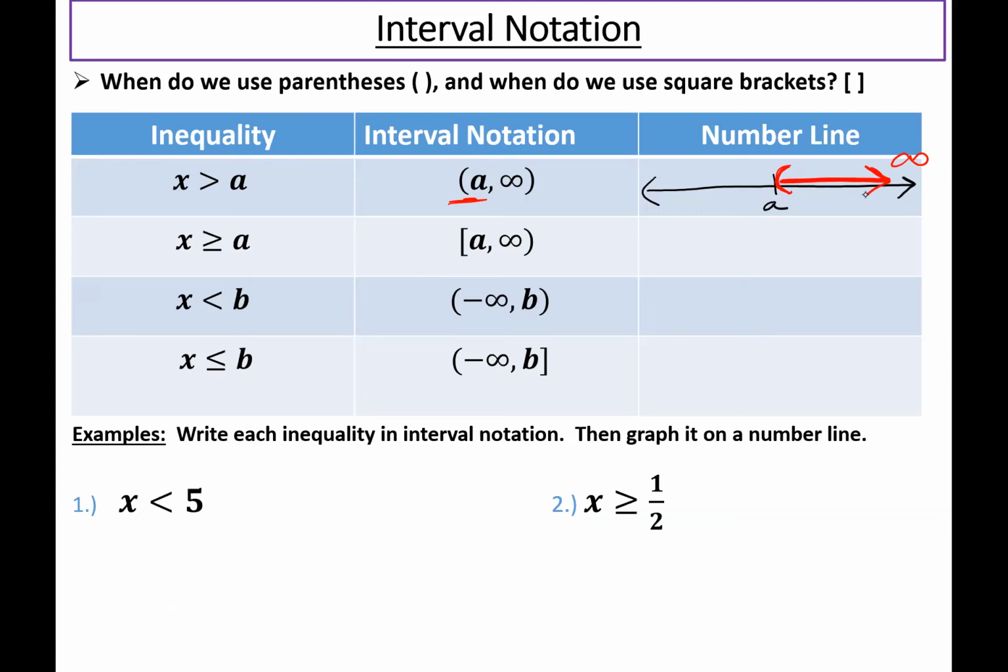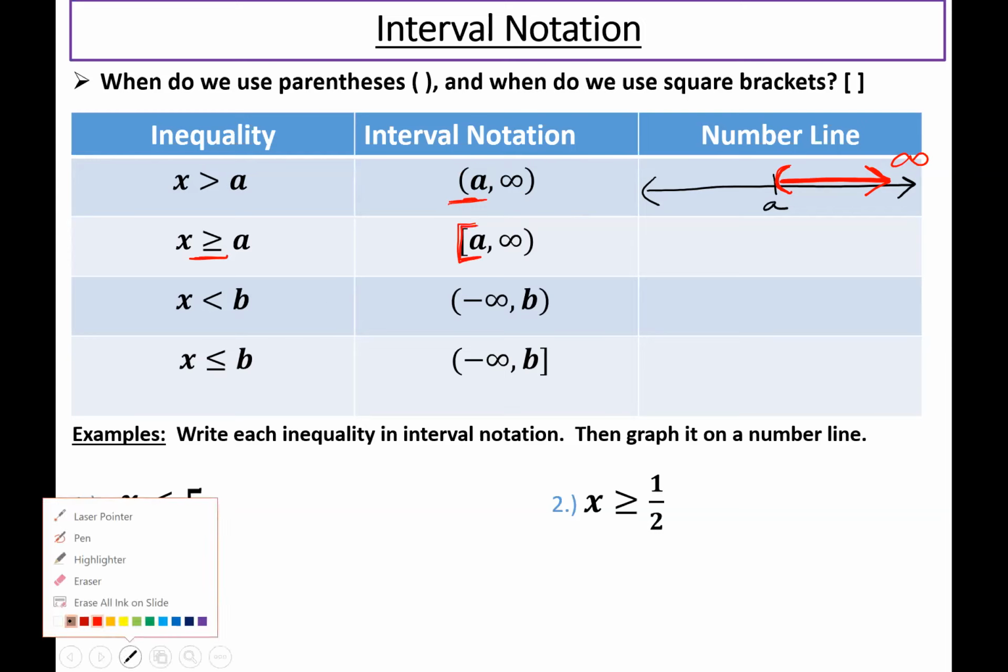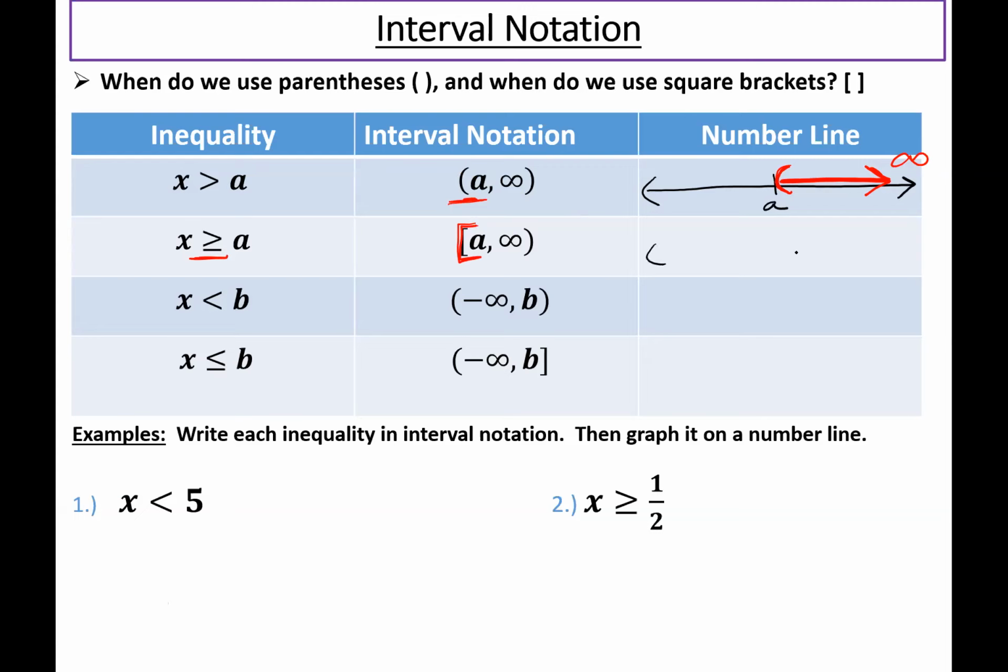Let's go to the second example. The next one is similar. x is greater than or equal to a. So how's that going to be different? Well, now we have some square brackets for our interval. Instead of parentheses a, comma, infinity, we have square bracket a, comma, infinity. That's what we're going to have on our number line as well. So if we illustrate this on a number line, I'd still have a labeled somewhere.